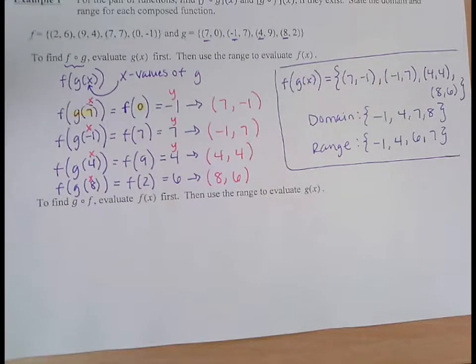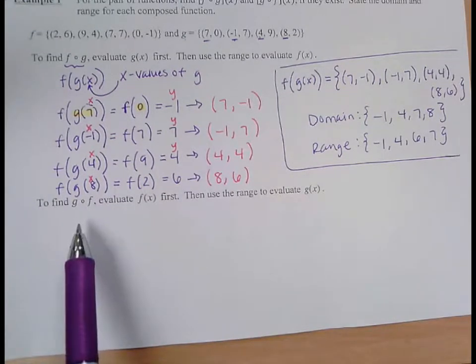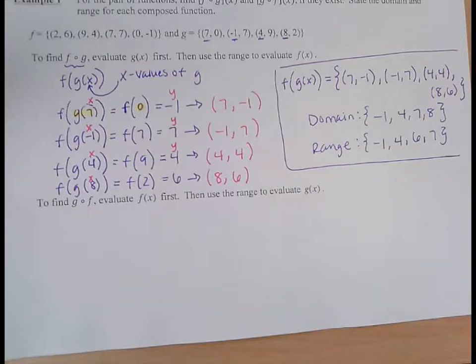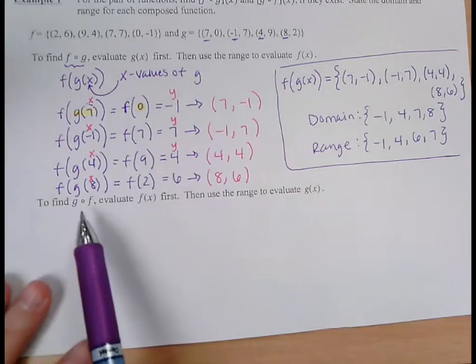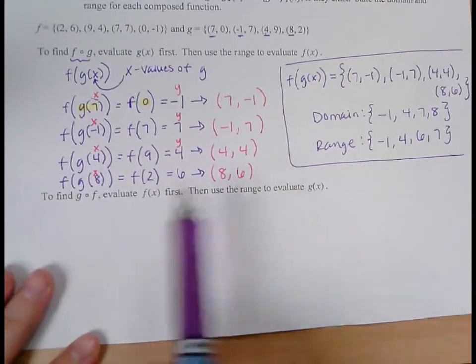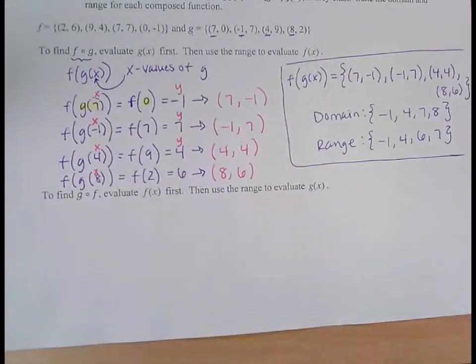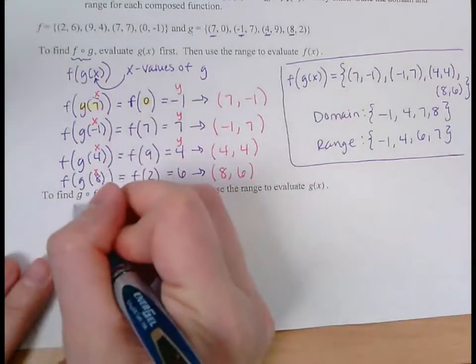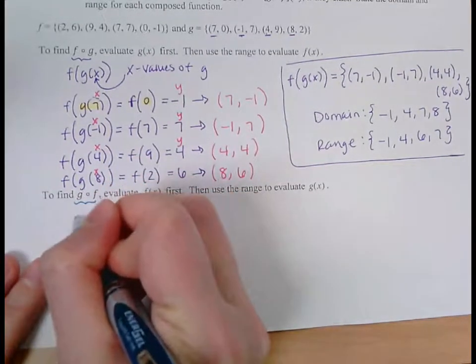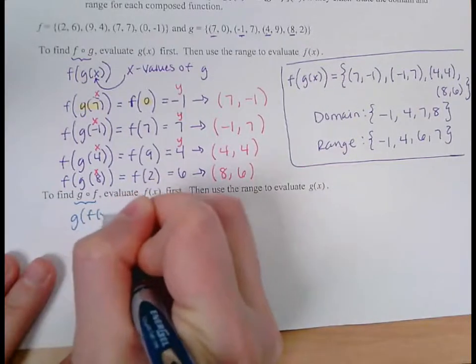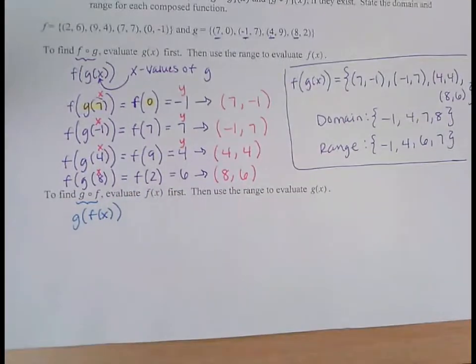Okay, so I'm also going to go through g of f with you with those same functions. Are there questions so far on this one? Okay, so it's kind of knowing which numbers get put where. So then for g of f, and I don't want to move this up too far because I still want to see the functions. I'm actually going to use a different color. So g of f means I'm substituting f of x into g.